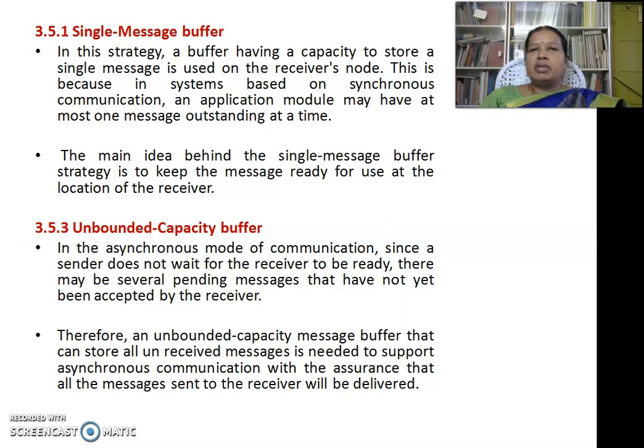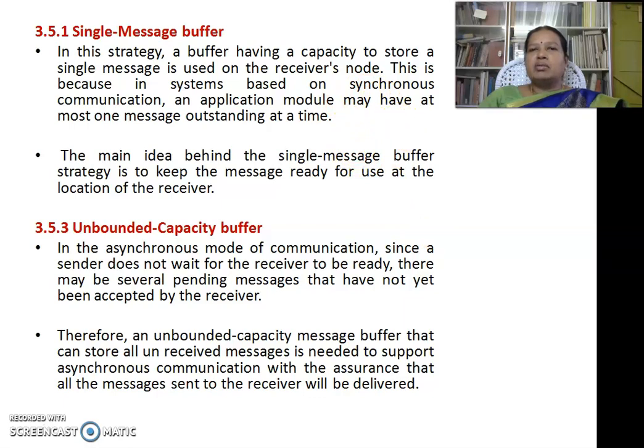But if the communication failure time is longer, then we need some more space to store messages. For that purpose, we can use two types of buffering: the unbounded capacity buffer and the finite bound capacity buffer.